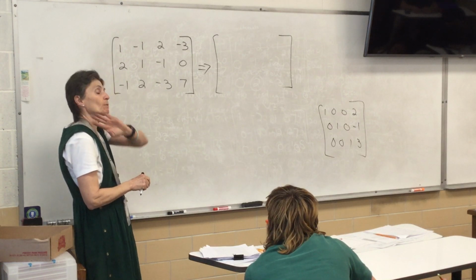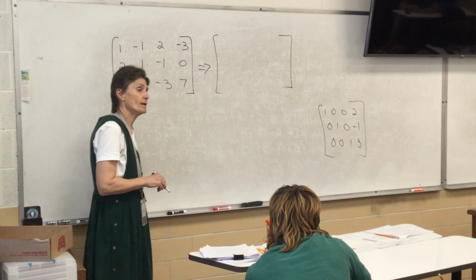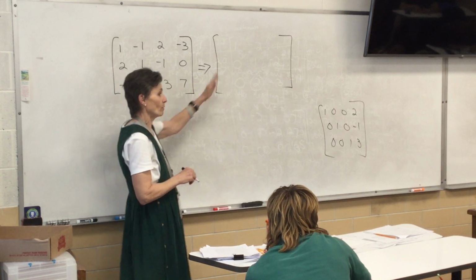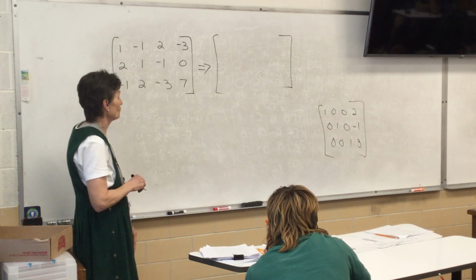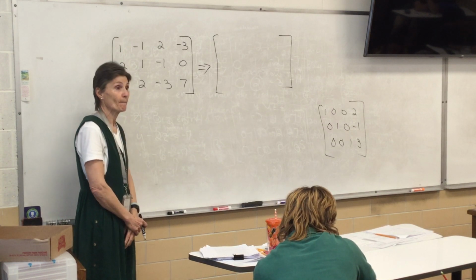When we're doing matrix operations, we usually use arrows instead of equal signs to show the directional flow of our work. Okay. All right, so who knows how to start?